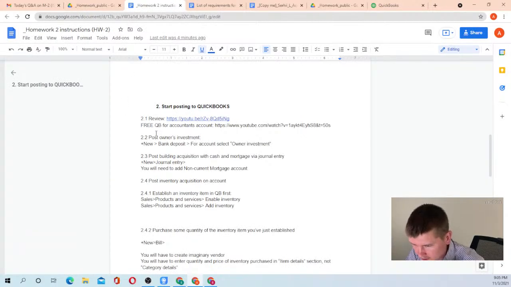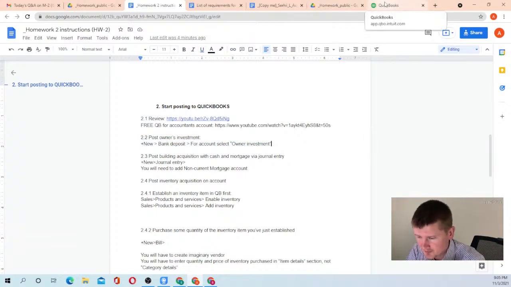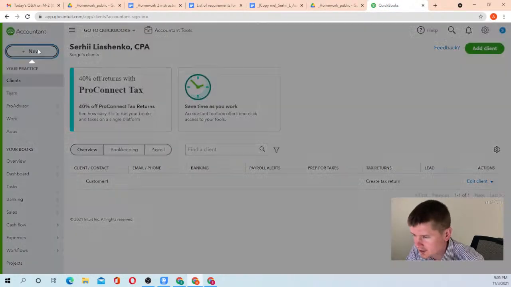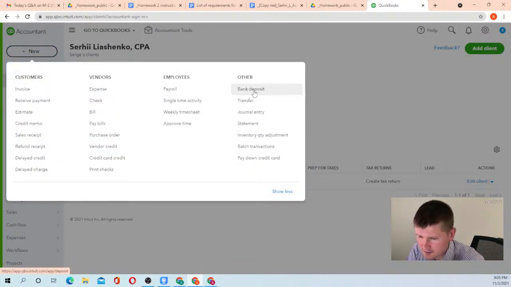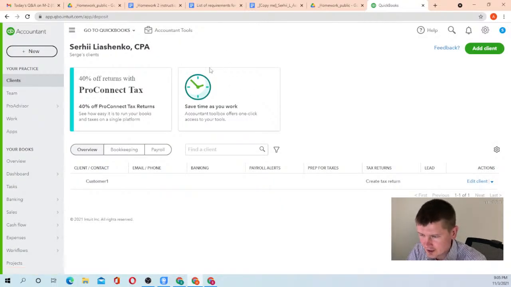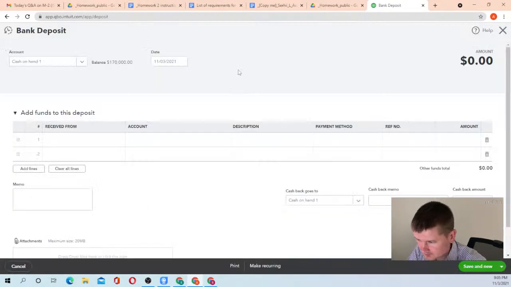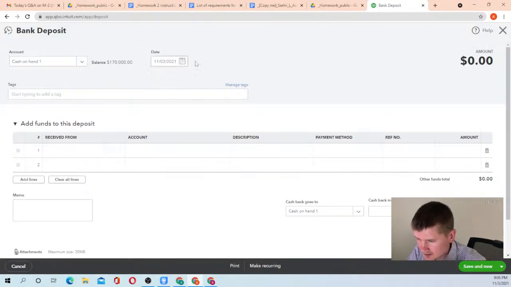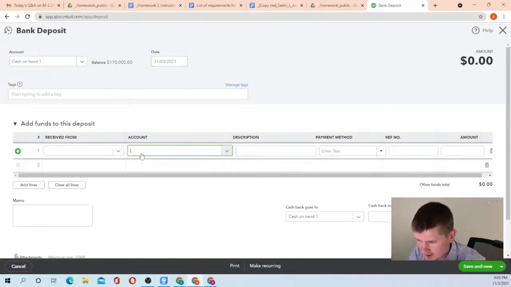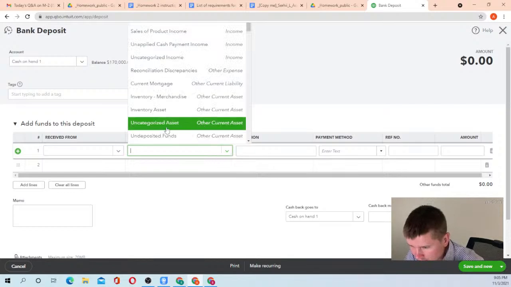So what do we do in QuickBooks? We post owner's investment. Okay, so that's a new bank deposit. I won't do that right now because we've already done that. So I click into owner's deposit and I select a date, I select an account.